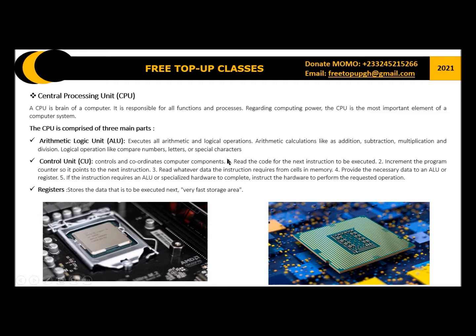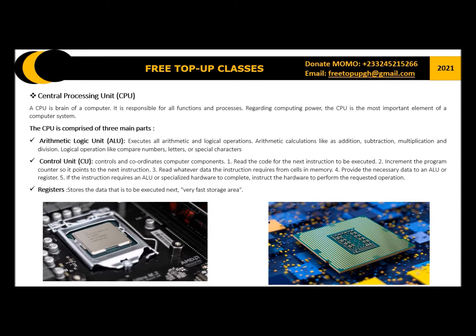So far we have come to know the definition of a computer: any electronic device that accepts input and brings out a result is called a computer. We know the functions of a computer, and the components of a computer, which are hardware and software.